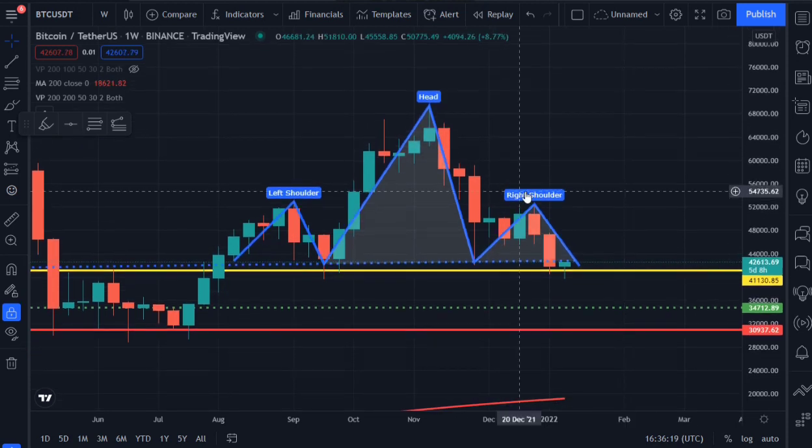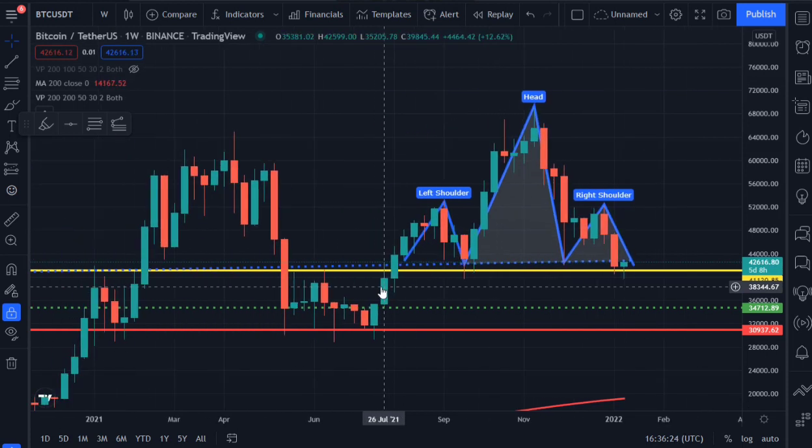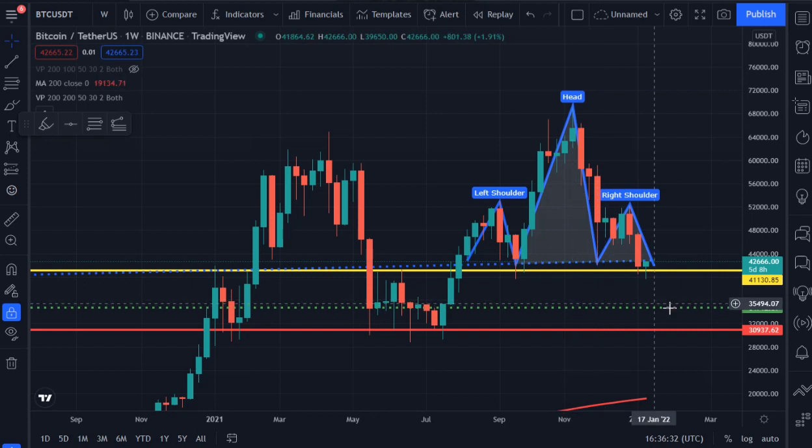The moment Bitcoin loses that $41,000 area, the next place we have a support is the $34,000 area, and the moment we lose that $34,000 and are unable to trade above it, then we should be heading straight to $30,000 Bitcoin, and I think we shouldn't go lower than that. So the moment we lose this support area of $41,000, Bitcoin should break down to $34,000 straight, where there's a high demand zone.